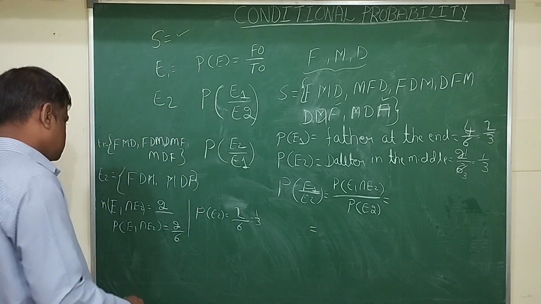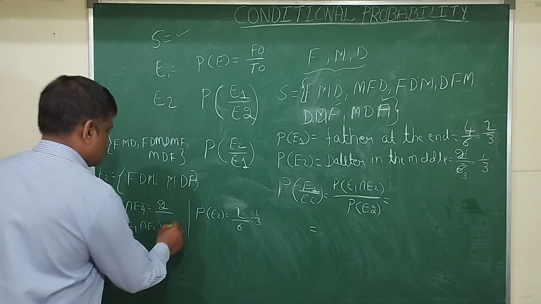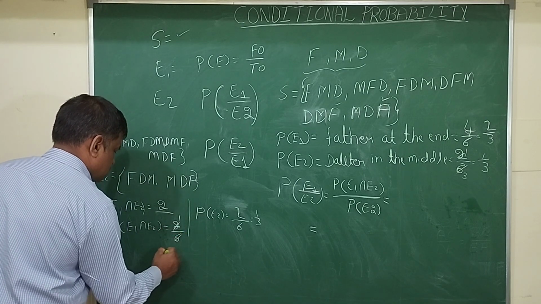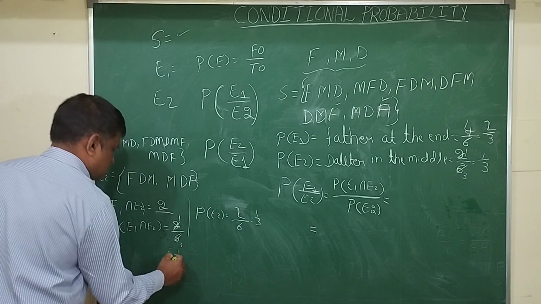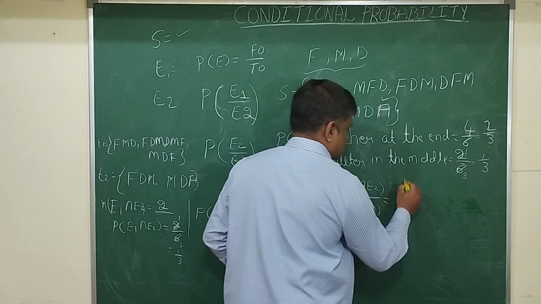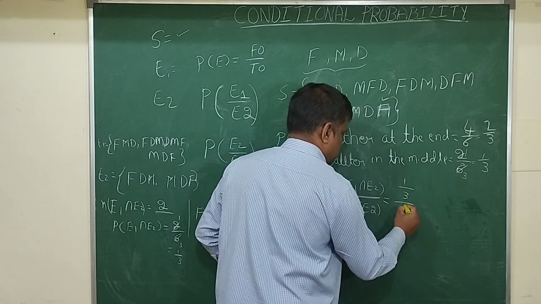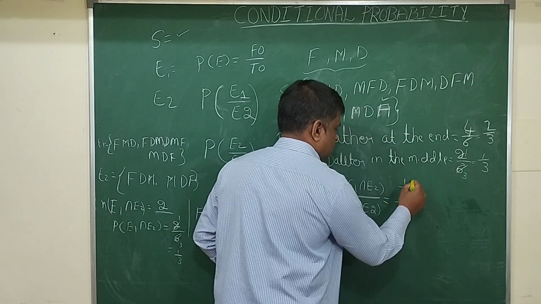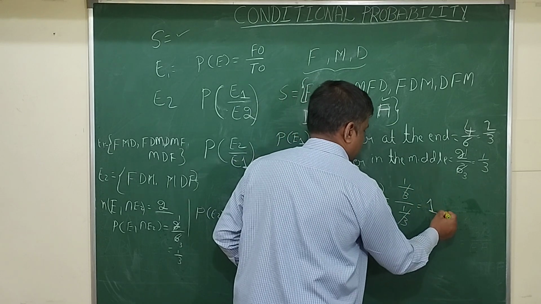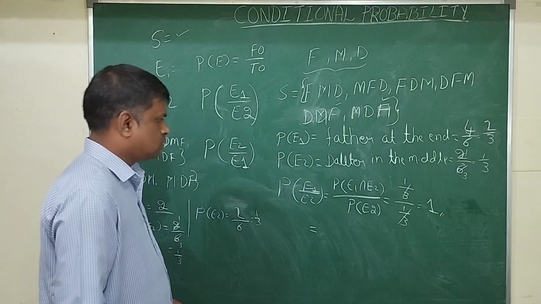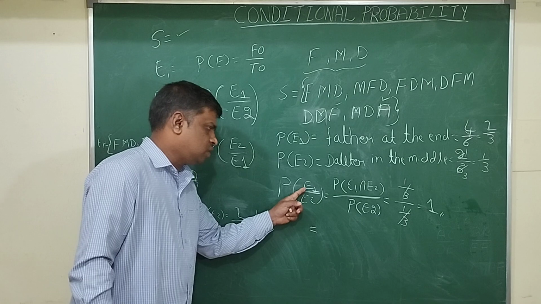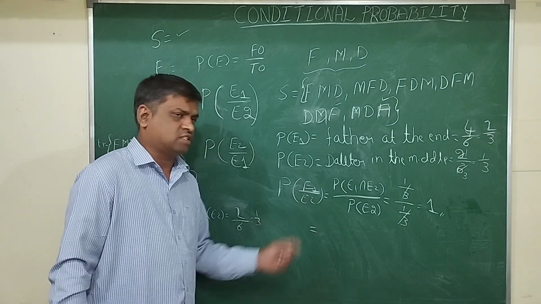The intersection is 1 by 3 and this also is 1 by 3. Both get cancelled. It's 1. So the probability of E1 with respect to E2 is 1.